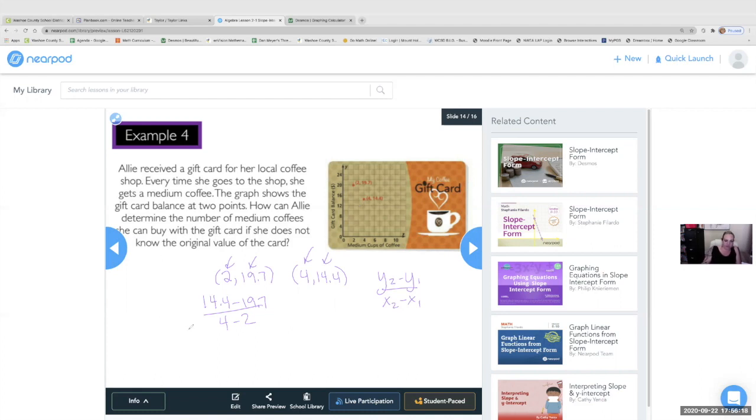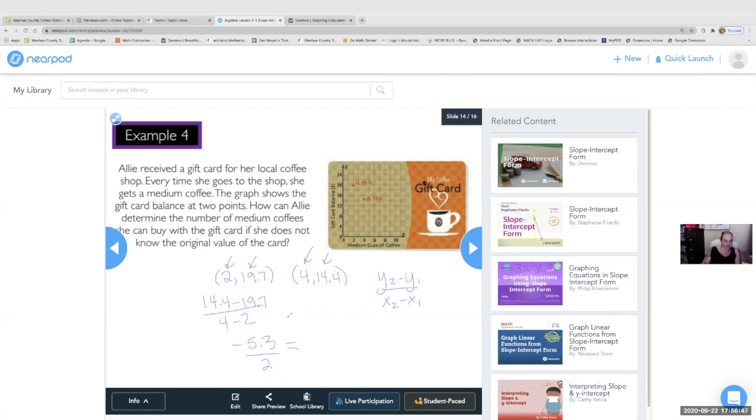So you should have gotten the change being negative $5.30, so $5.30 over 2, meaning our 2 cups of coffee. So every time she's buying 2 cups, she's decreasing her value on the card by $5.30.